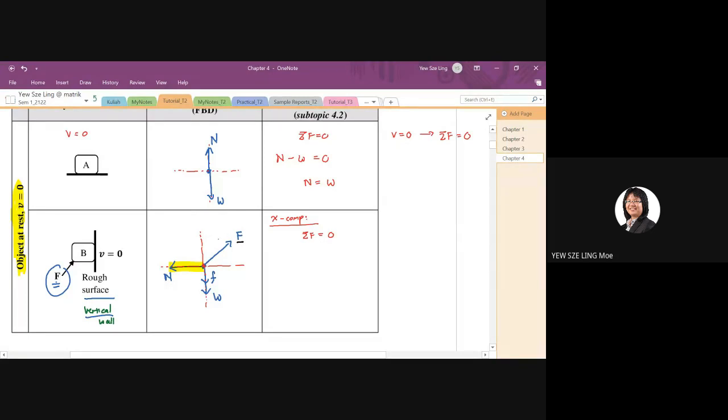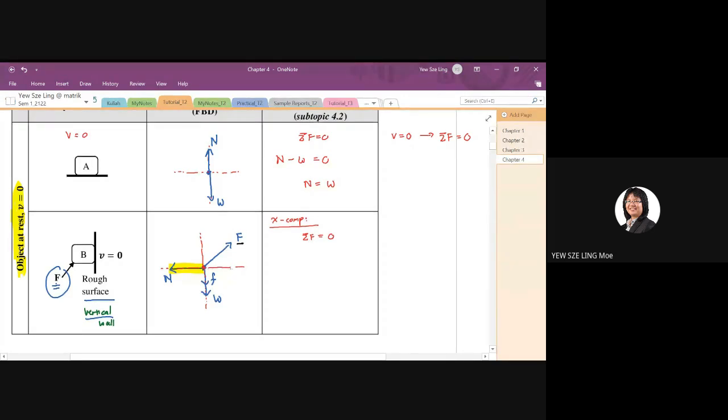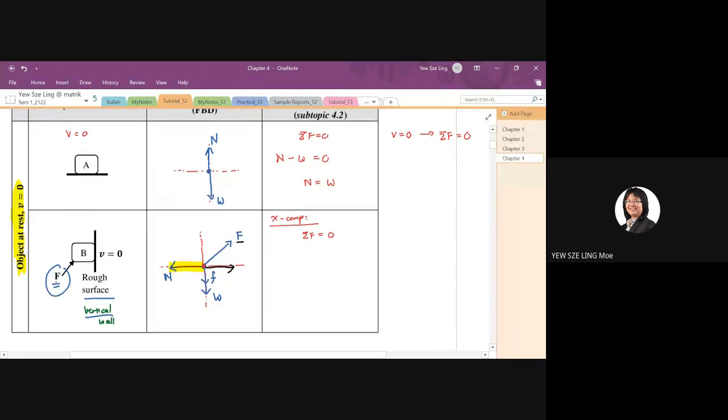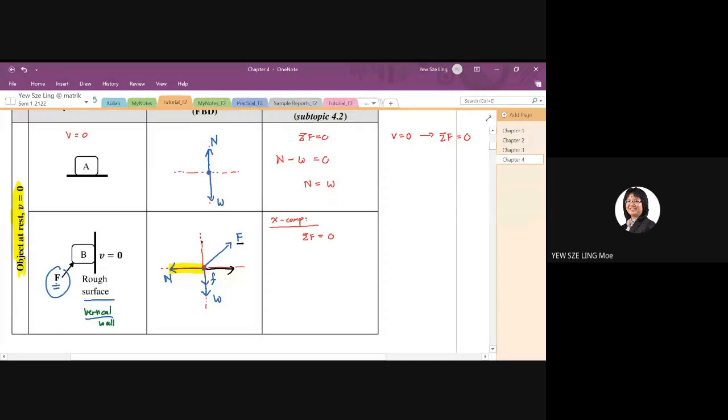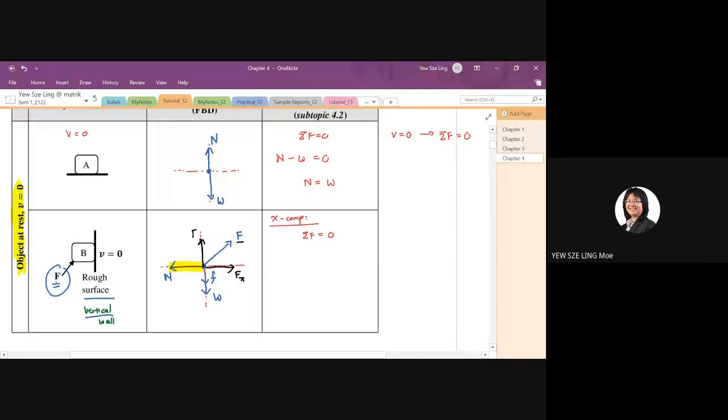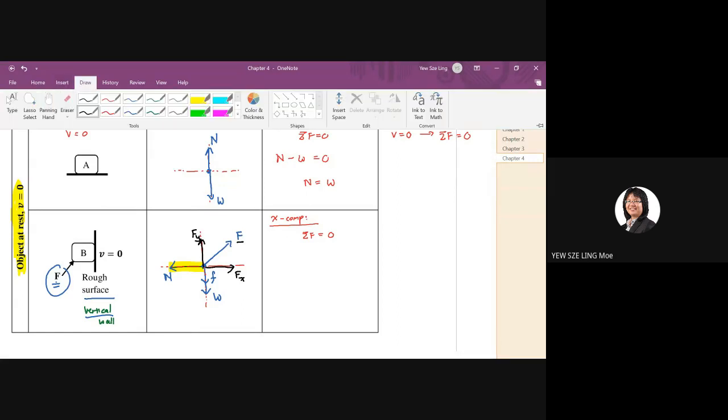So when applying Newton's law, you need to resolve F into x and y components, Fx and Fy, so that you can solve it according to the components. Fx and Fy are the forces that you substitute in the equations.